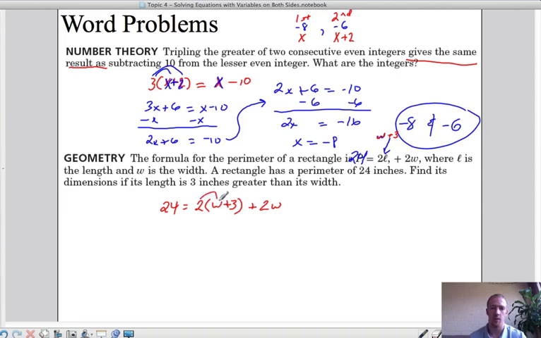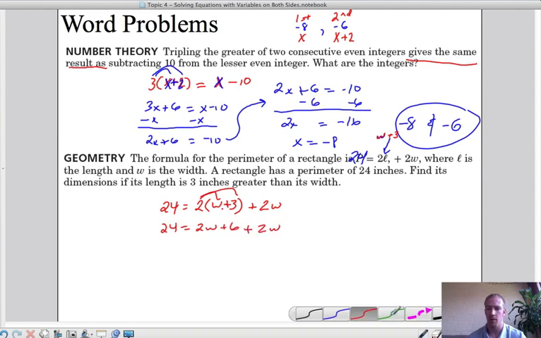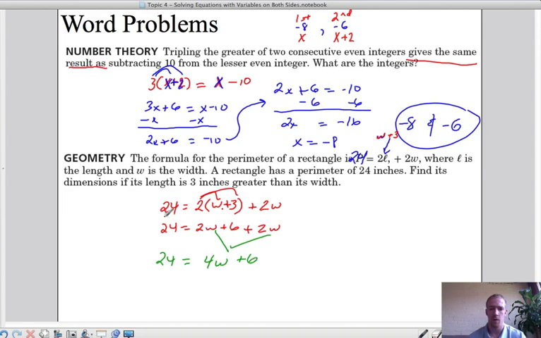Alright, so then now we just solve away. 24 equals 2W, distributing, plus 6 plus 2W. We now have like terms, so we get 4W there. Bring down everything we didn't change. So 24, this combines to 4W, it's plus 6, this is still plus 6.